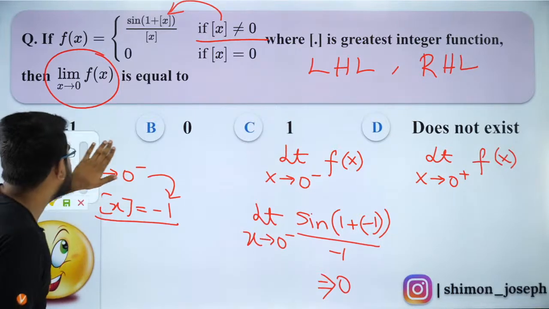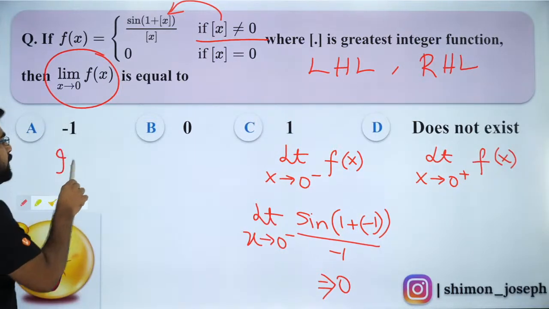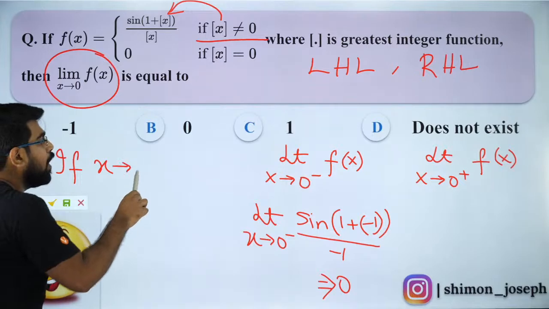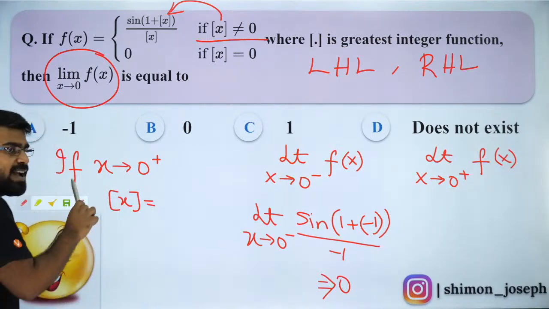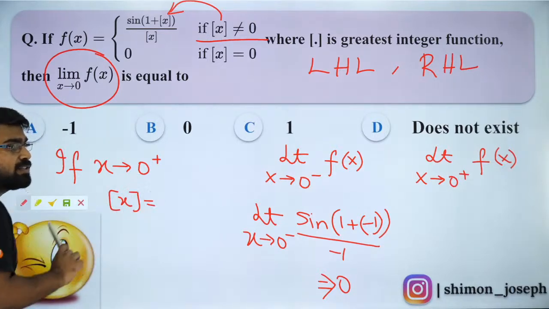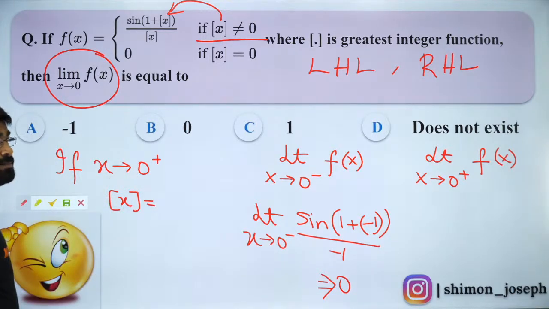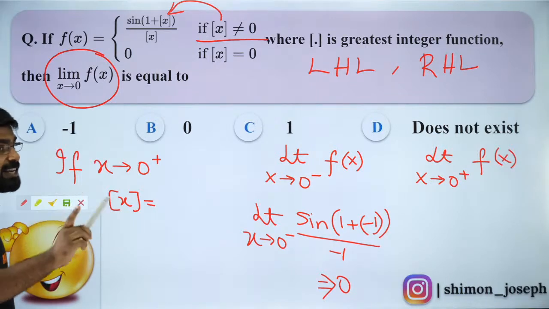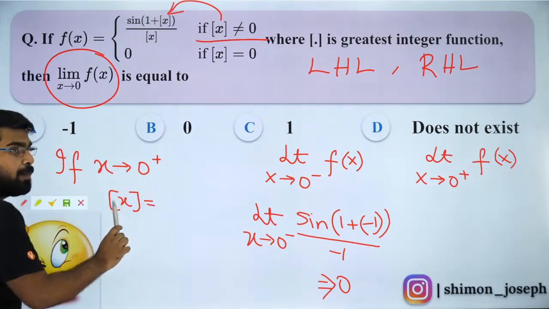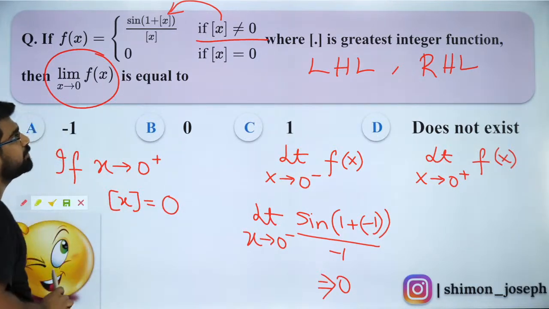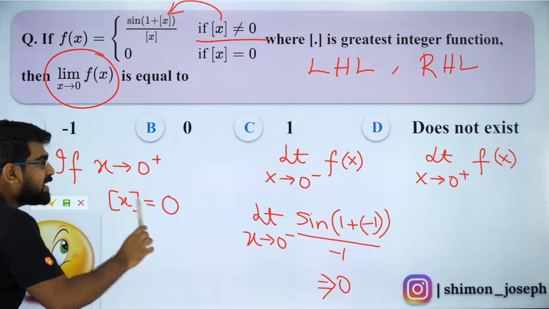Now, if x tends to 0 plus, you tell me, what will be box of x? If x tends to 0 plus, box of x will be 0.